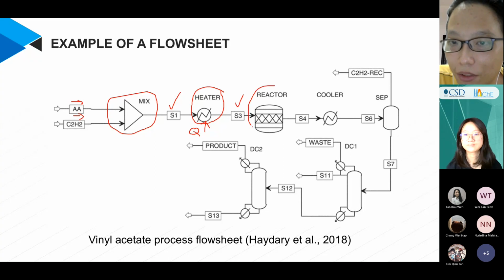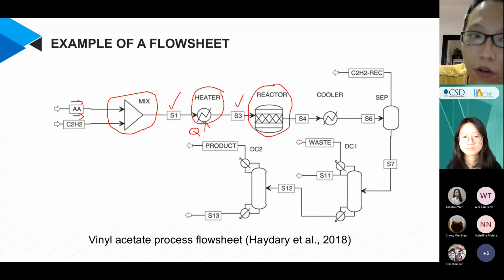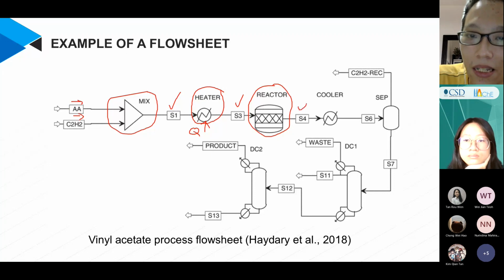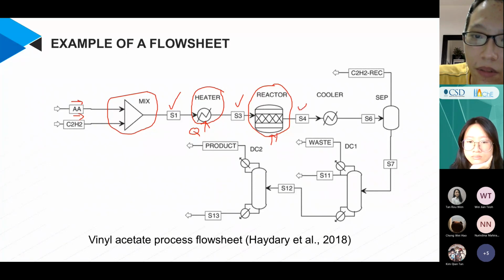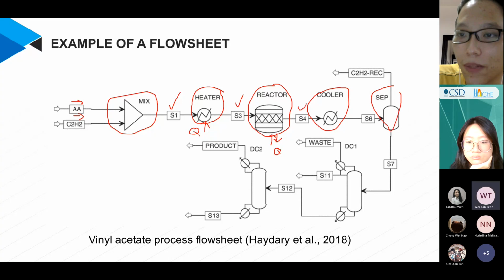And then in the reactor, you also have a mathematical operation where we convert some part of the feed into the product, and there might also be a heat change because of the heat of reaction. Same thing with the cooler, same thing with the separator, which is also a mass balance. So you can see that there's a mass balance recycle, and then there is a product stream.